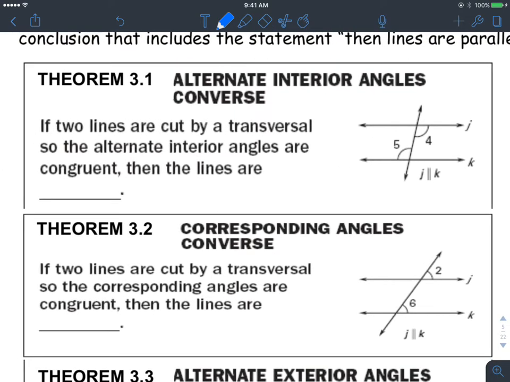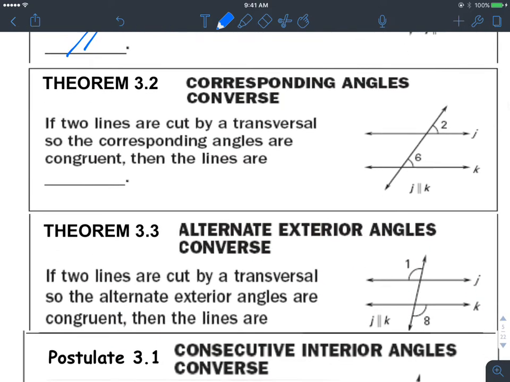So let's look at them individually. If two lines are cut by a transversal and the alternate interior angles are congruent, then the lines are going to be parallel. So as long as these two angles are congruent, J will be parallel to K. Same thing with the corresponding angles. And remember, these are in the same general position, top right angles for both of those, 6 and 2.